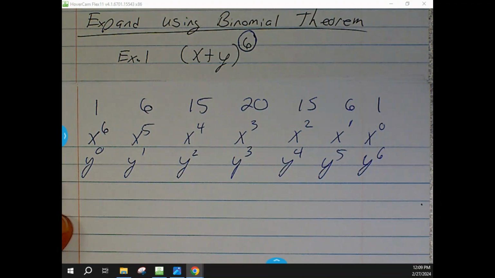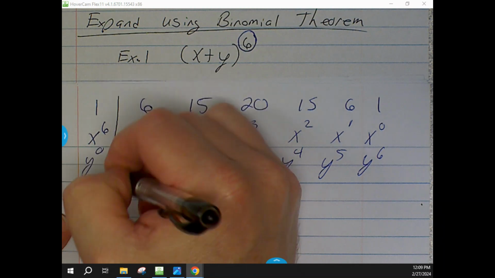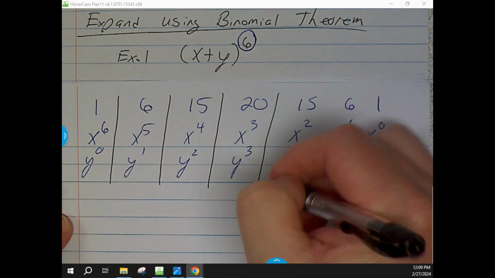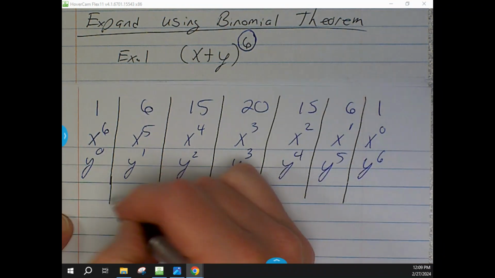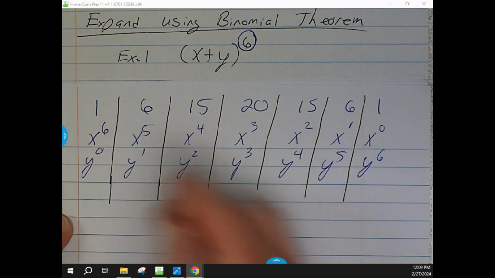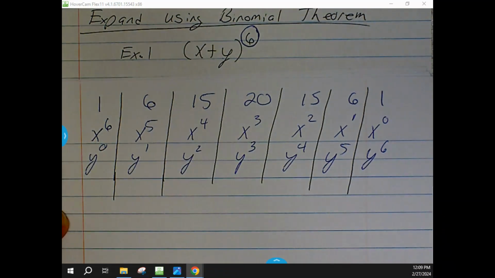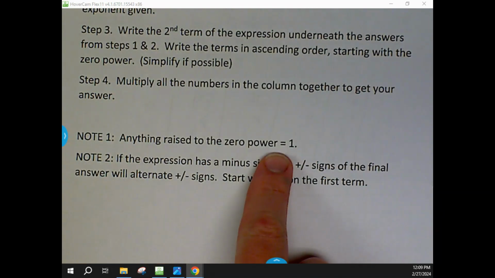Okay, then if you think about these as columns, all these numbers line up. All we're going to do is take these and write the answers out underneath. We're going to multiply everything in each column together. If you notice at the bottom, note number 1 says anything raised to the 0 power is 1.